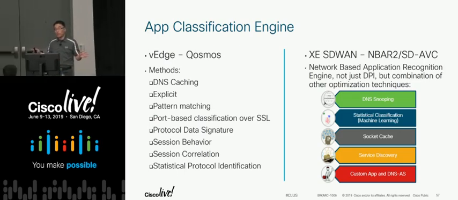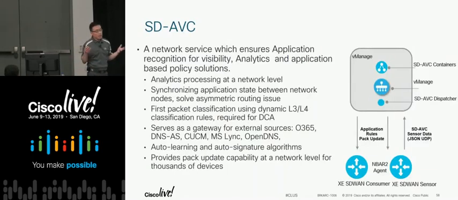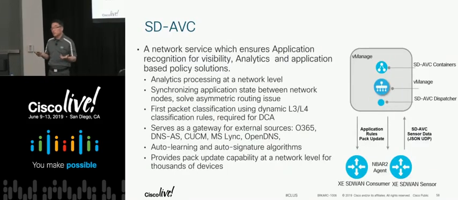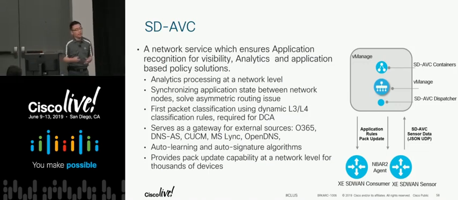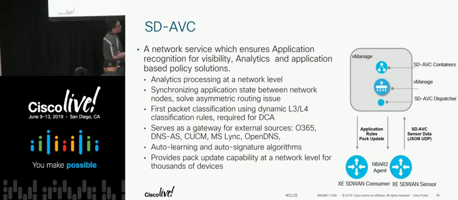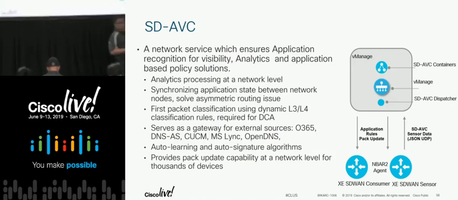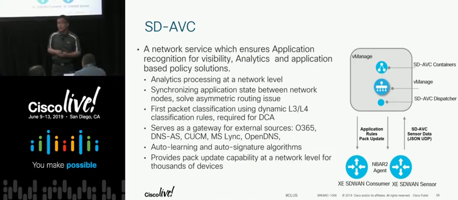And we didn't stop there. We continue to innovate, and we bring the deep packet inspection to a network-level service. We call it SD-AVC, Software-Defined Application Visibility and Control. So what you're looking at here is the SD-AVC architecture. You have some routers in the network acting as sensors.